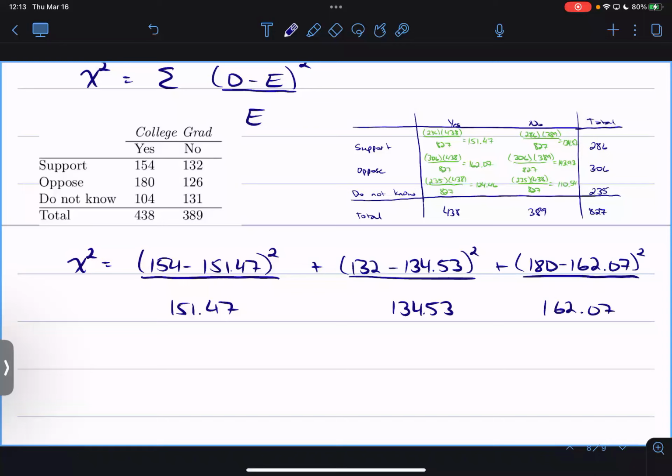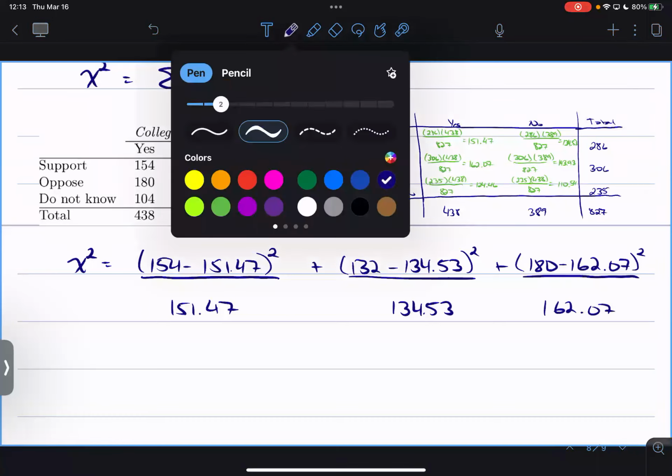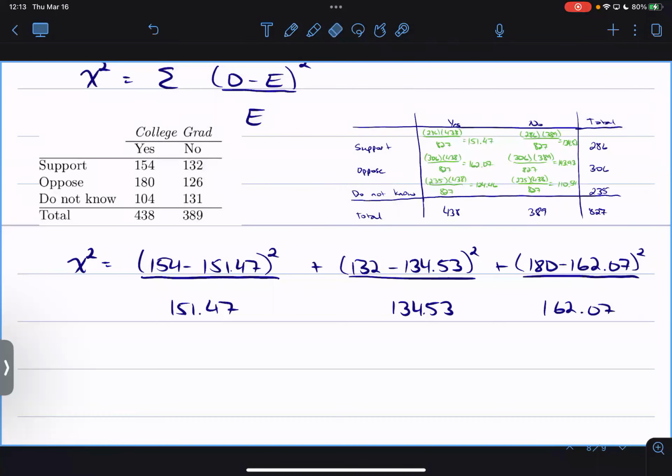235 times 438. Nope, the next one. This one? Yeah. 235. Oh. Okay. I have it correct in my notes. I just managed to screw that up.